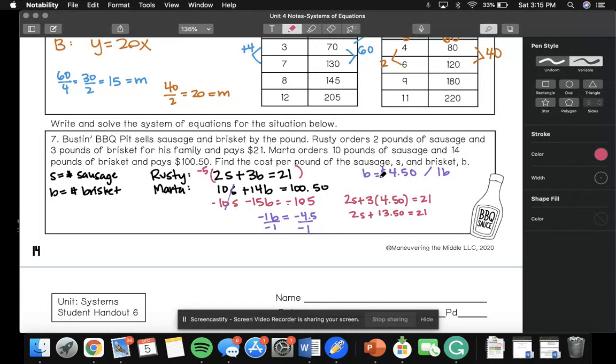Then I'm going to take $13.50 from the $21 and get $7.50. Then I'm going to divide by 2, and I get S being $3.25 per pound.